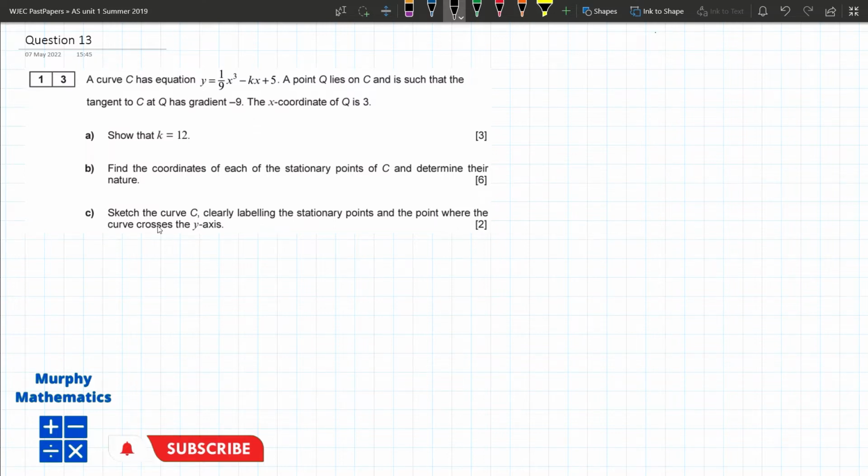So let's first, we have our x cubed graph of 1/9 x cubed minus kx plus 5. Okay, a curve, and we're told point Q lies on C and it's such that at Q it has gradient minus 9 and the x coordinate of Q is 3.